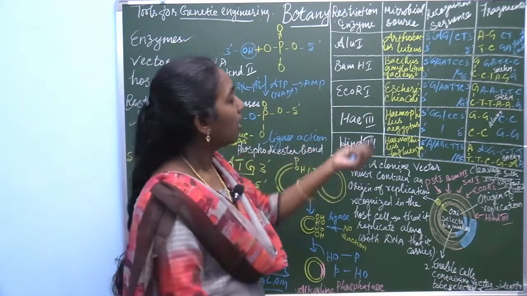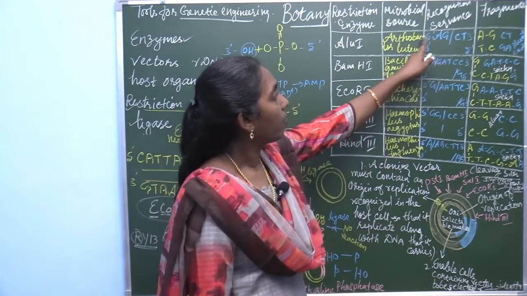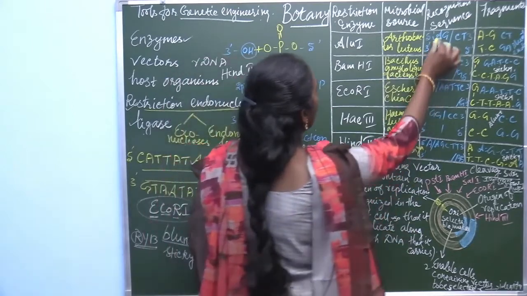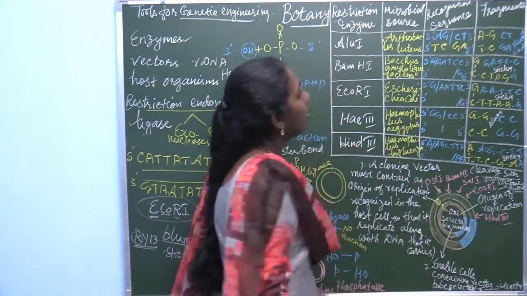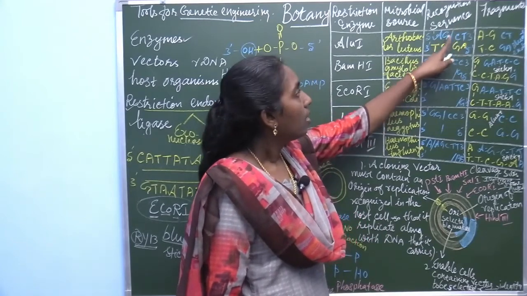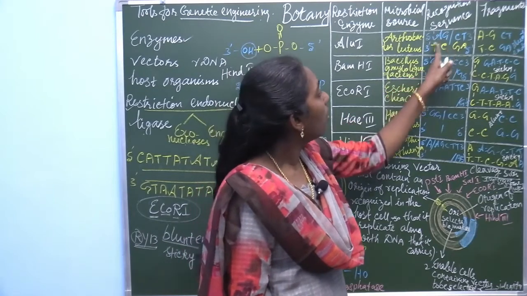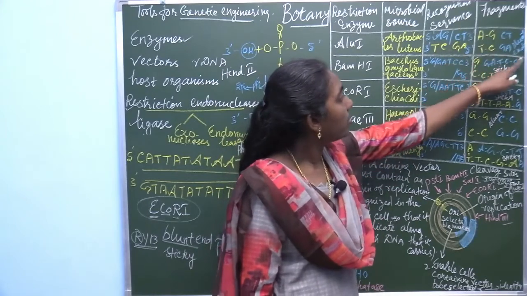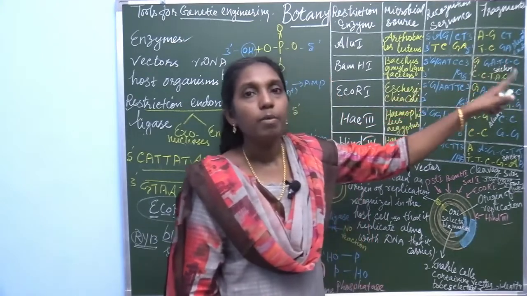Here the sequence is AGCT in the 5' to 3' direction, and the complementary strand is adenine combined with thymine, then C, G, A. This is the recognition sequence: AGCT and TCGA. It cuts in the center, so it comes under blunt end.